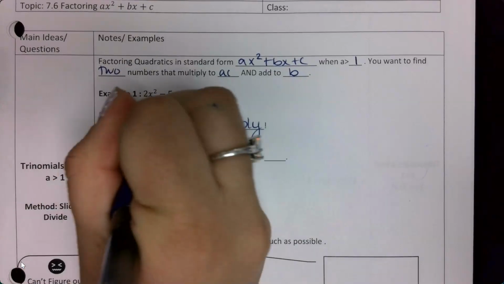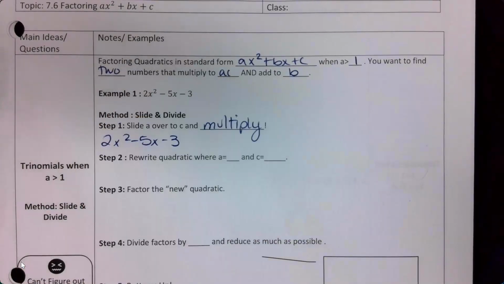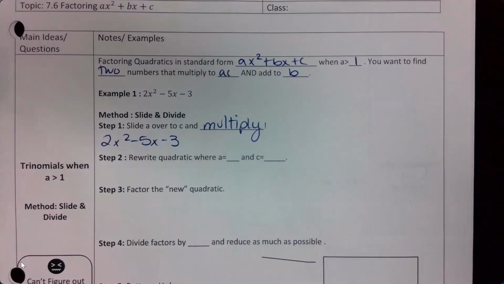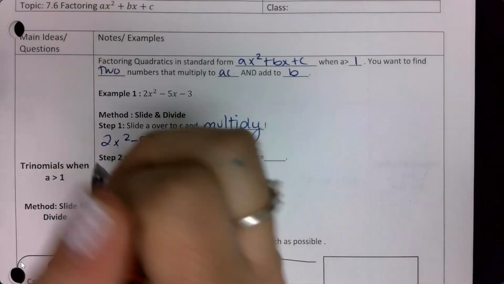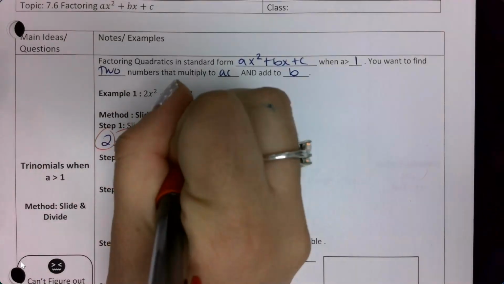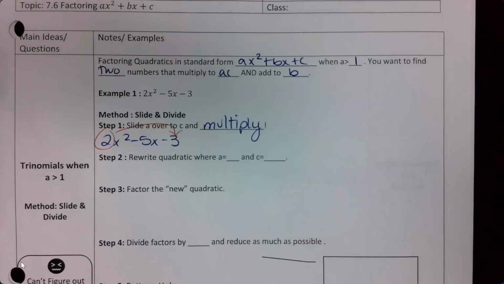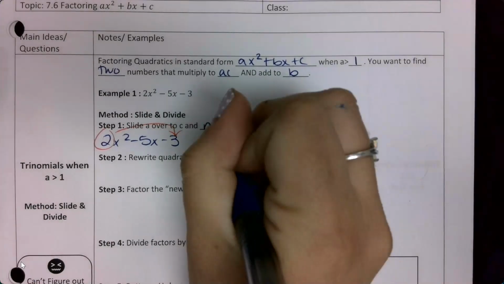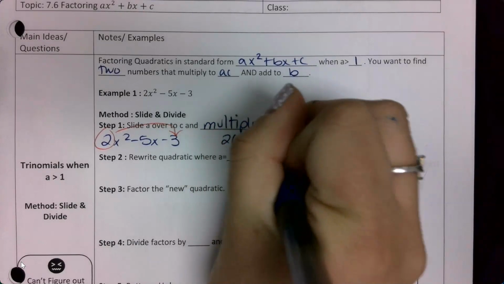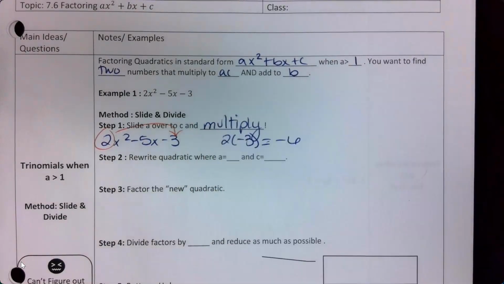So I'm going to rewrite my quadratic. We're going to take this 2 and multiply it by that 3. So 2 times negative 3 gets me negative 6.